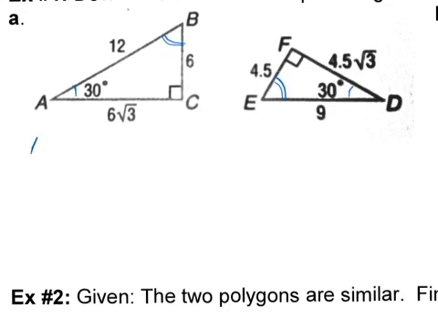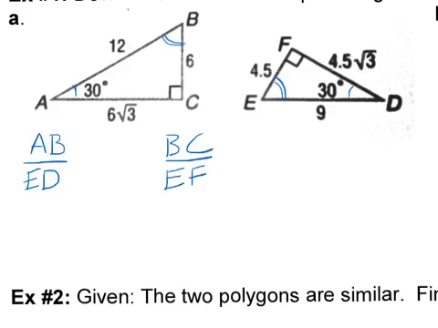So let's take AB and put it over ED. Let's take BC and put it over EF. And let's take AC and put it over FD.